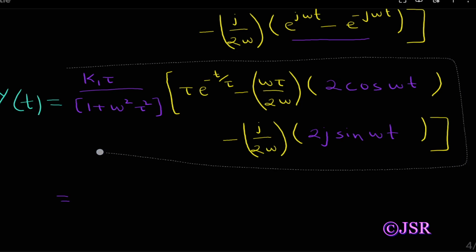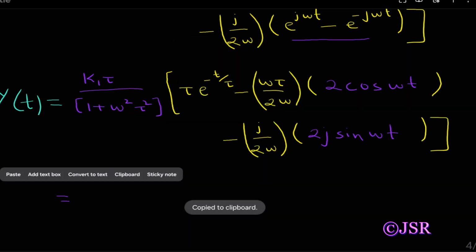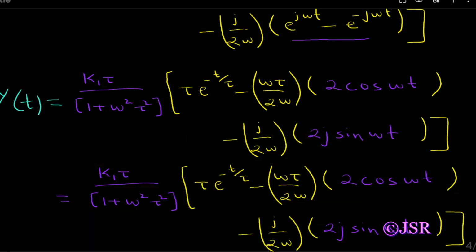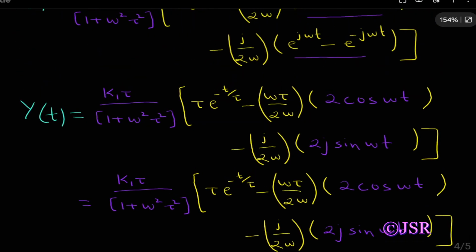So finally we can copy this whole expression as it is, and now put here, hit enter. After simplification, the 2 cancels out and omega cancels out, here this 2 cancels out, right?